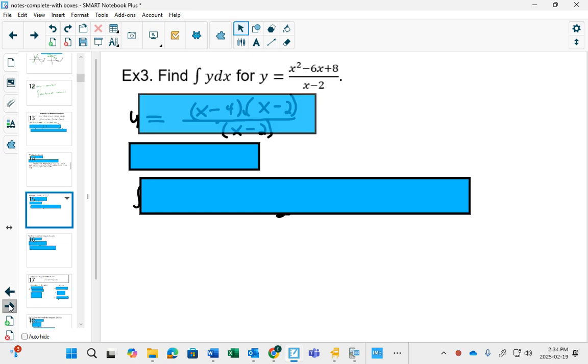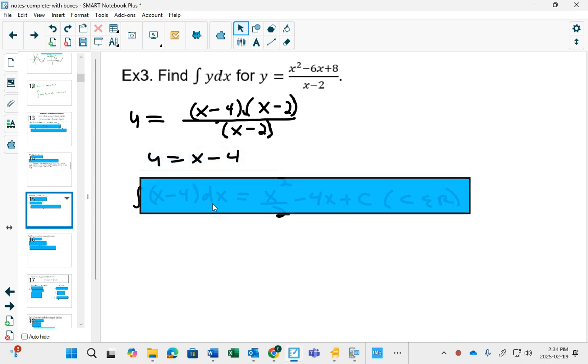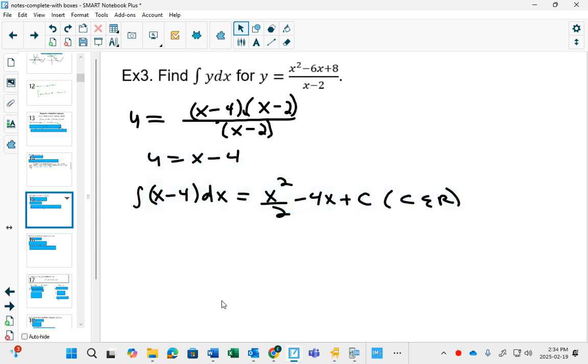If we factor the top, this is good. See what's going to happen? X minus 2 is going to cancel out so nicely. Makes me happy. So now we're just doing the integral of x minus 4, which is super easy, because we can do the x, add 1 to the exponent and divide. We can do the minus 4.